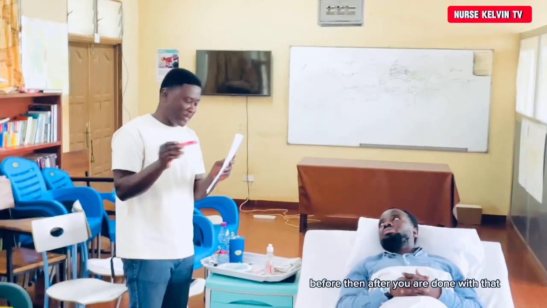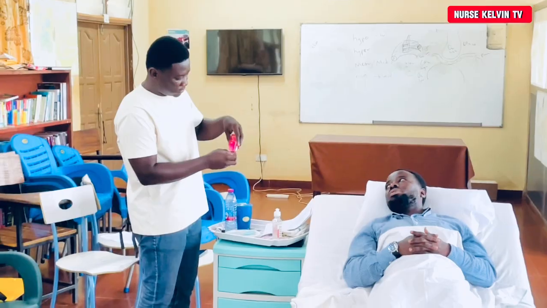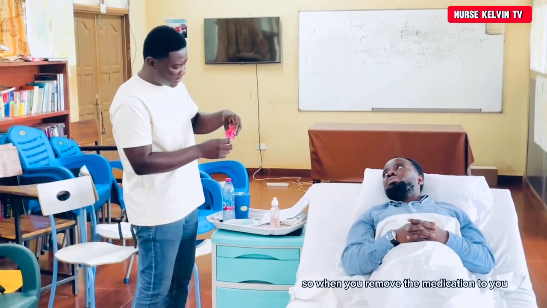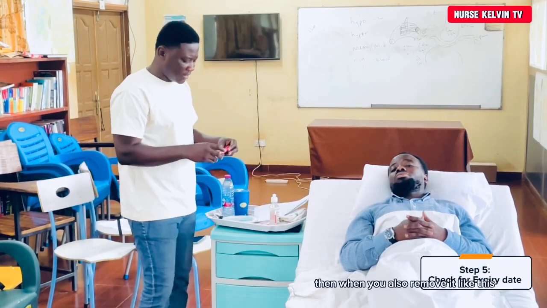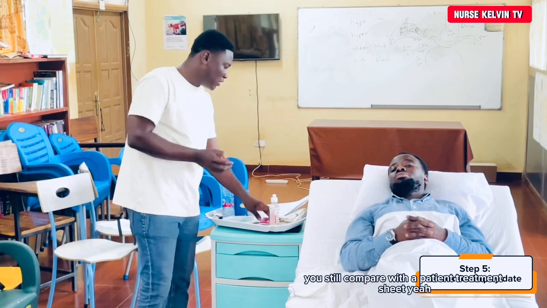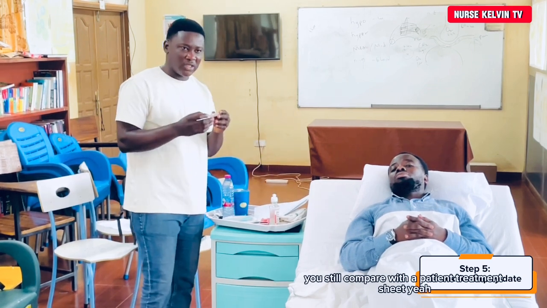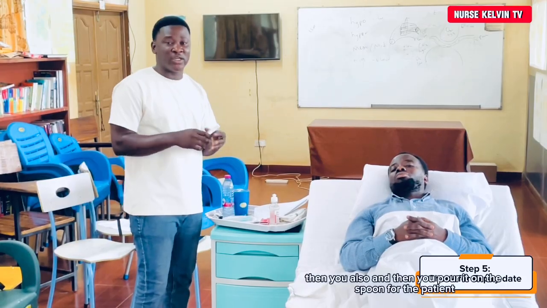Then after we are done with that, we will pour the medication on the spoon. When we remove the medication, you need to compare with the patient treatment sheet. Then you pour it on the spoon for the patient.